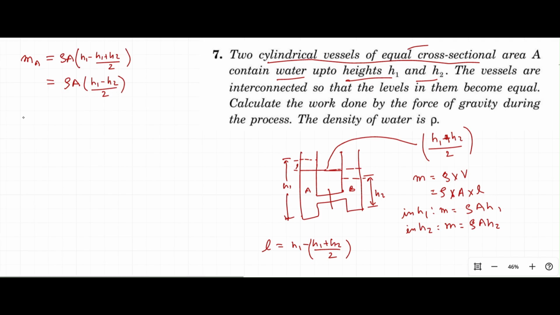And similarly in column B, what will be the mass raised? Similarly in column B, it will be raised by mass of this small height.